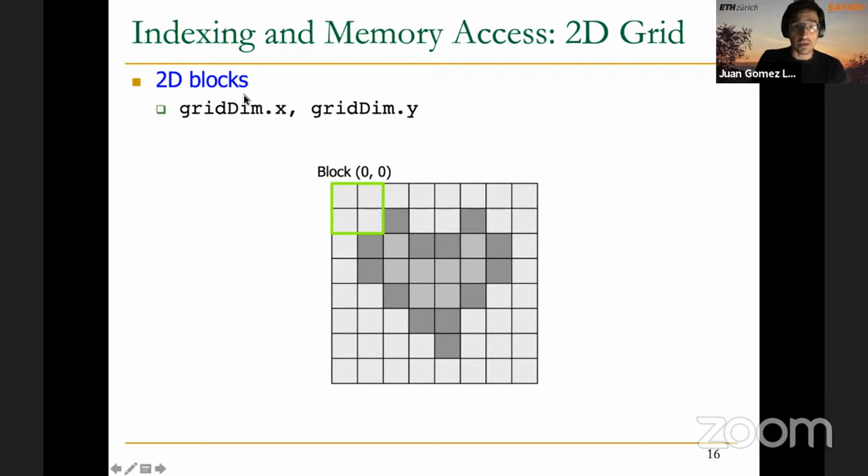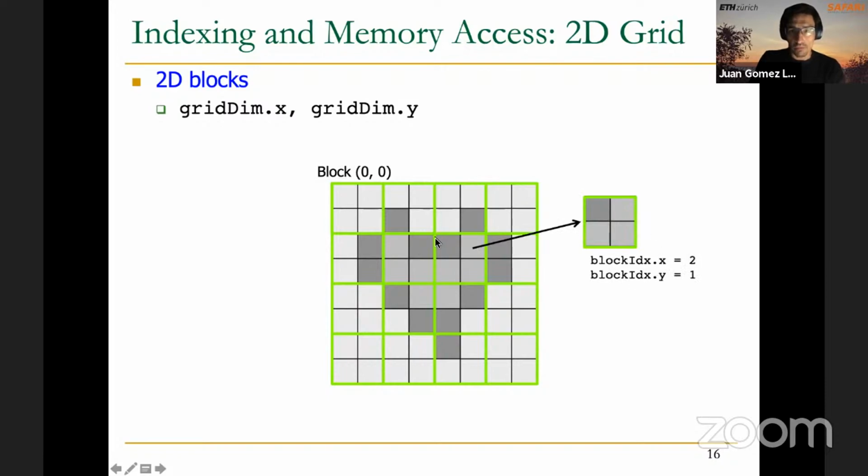When it comes to indexing in a 2D grid, we have to take into account the dimensions of the grid in number of thread blocks. So this is the number of thread blocks in the X direction. This is the number of thread blocks in the grid in the Y direction. So in total here we have 1, 2, 3, 4. So grid dim X is 4, and here it's 1, 2, 3, 4. Grid dim Y is also 4.